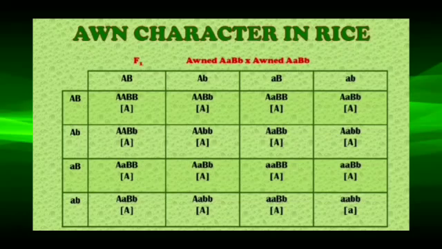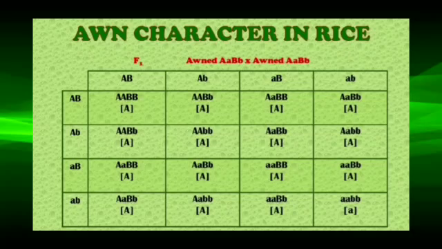That means instead of capital A, capital B, they are small a and small b. A cross between awned and awnless strains produced awned plants in F1. Intermating of F1 plants produced awned and awnless plants in 15 is to 1 ratio in F2 generation.